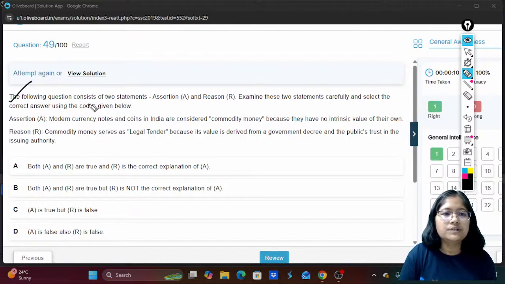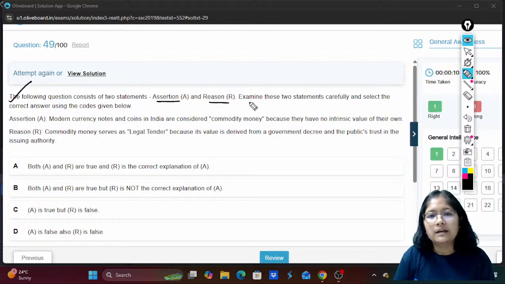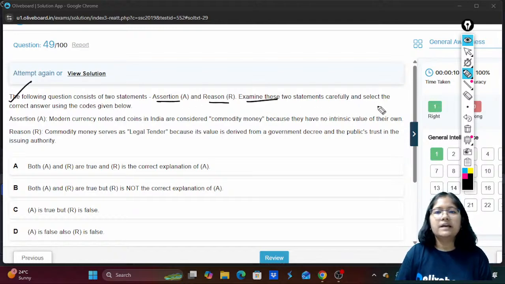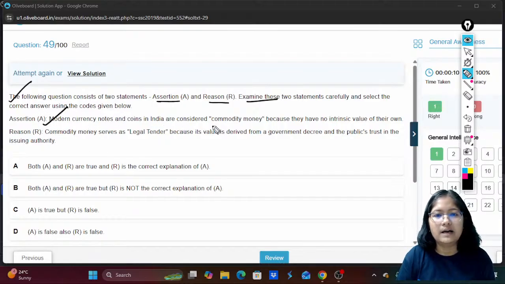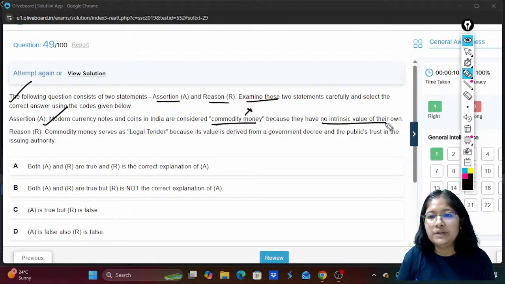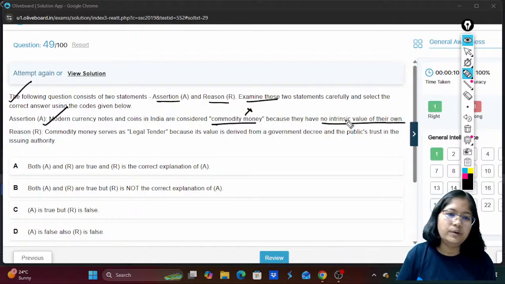The following questions consist of two statements, assertion and reasoning. Examine these two statements carefully and select the correct answer using the codes given below. Modern currency notes and coins in India are considered commodity money because they have no intrinsic value of their own. Okay, no intrinsic value of their own, that is fine.